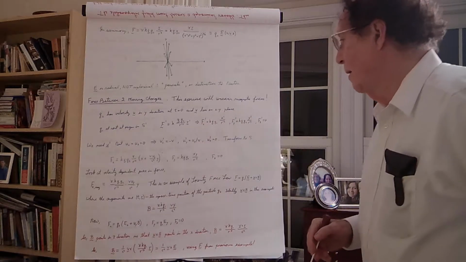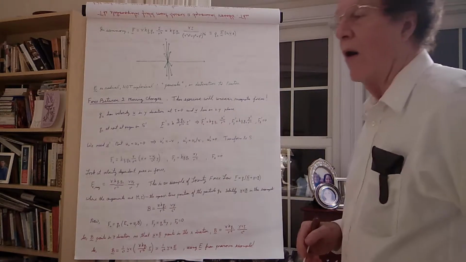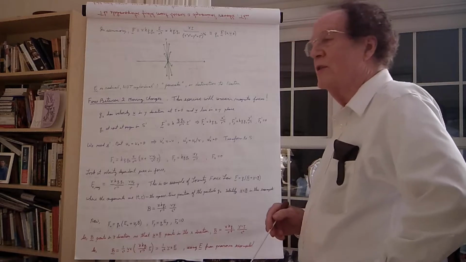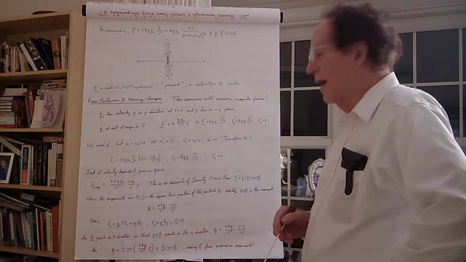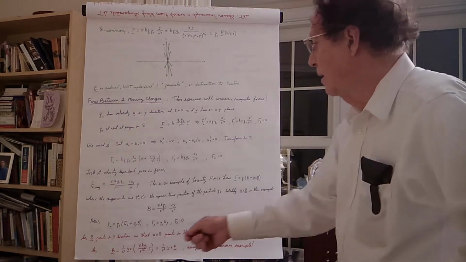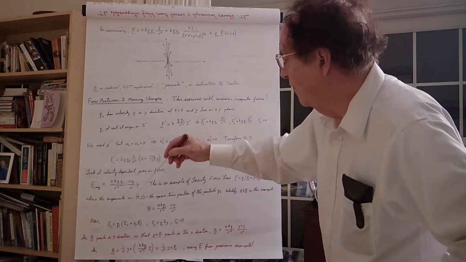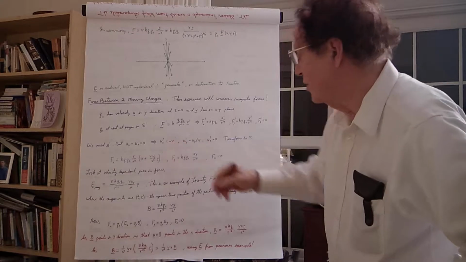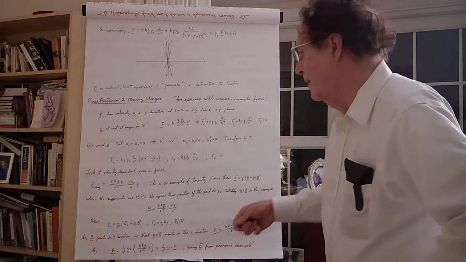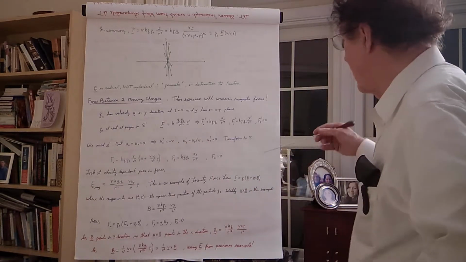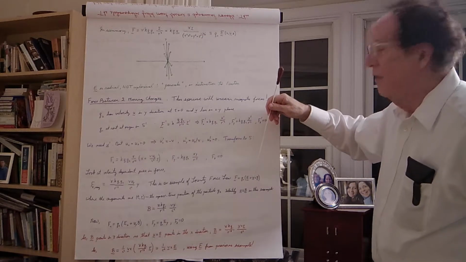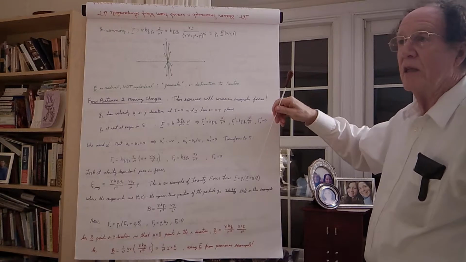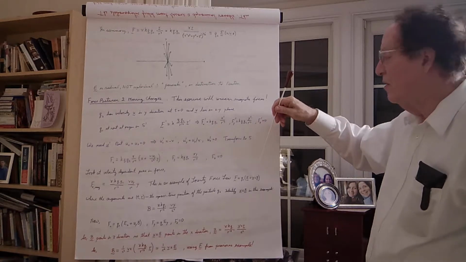Now I want to think, however, about the directions of the various forces, fields, and vectors in the problem. So the force is in the x direction, and so I want to take a look at the magnetic field. The vector u, the velocity of the particle here, points in the y direction.